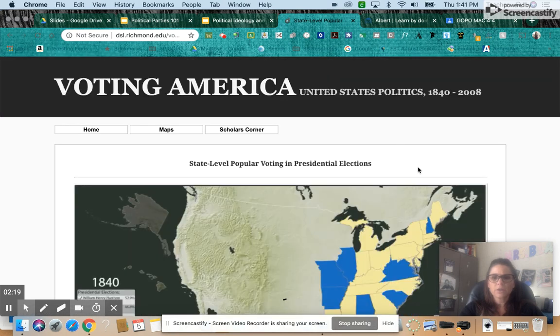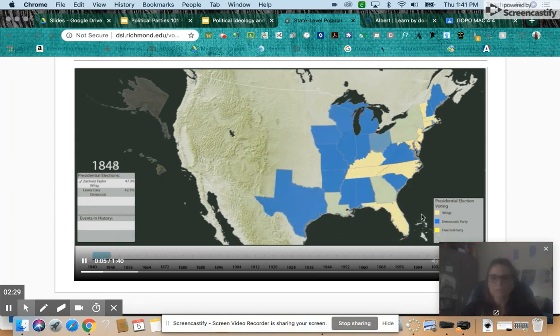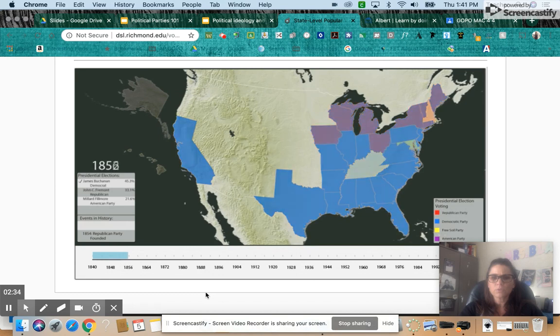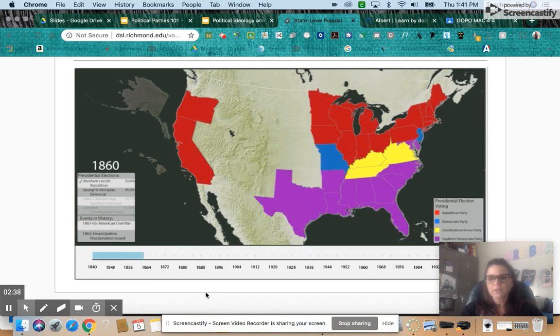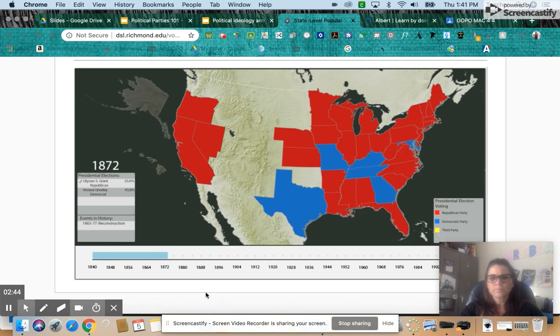If you click on it, it'll go through and tell you, okay, at 1840, this is where we were at, and it will play through 1844. It tells you right here the parties, and you'll be able to see how cool it is, the shifting politics throughout our nation's history.